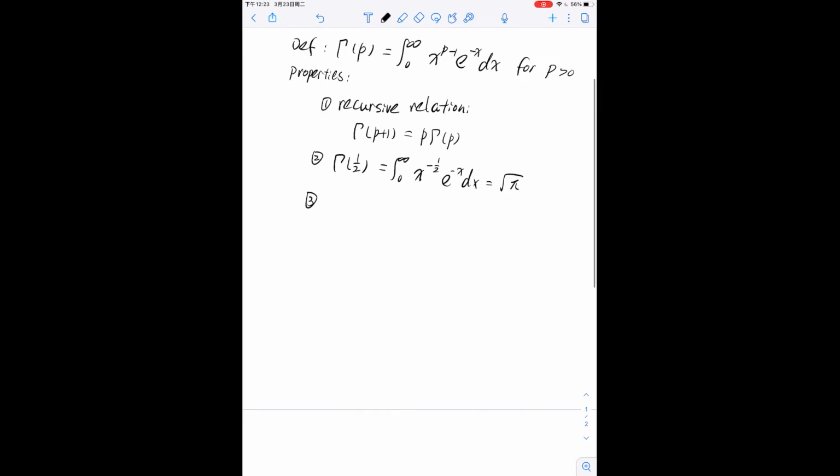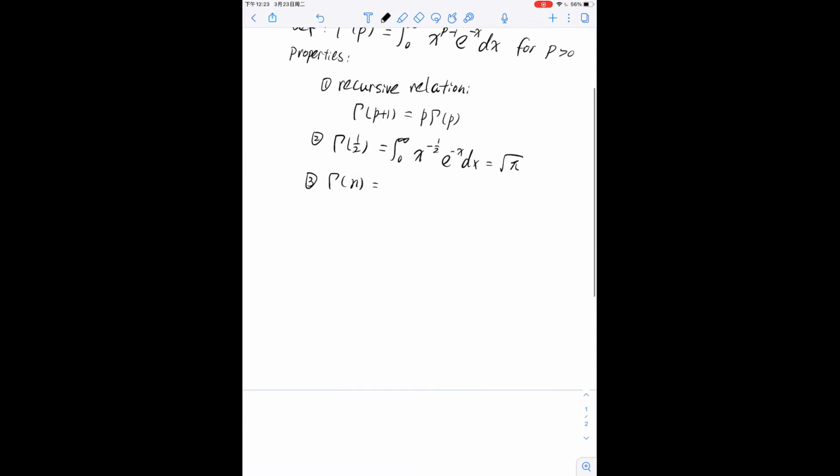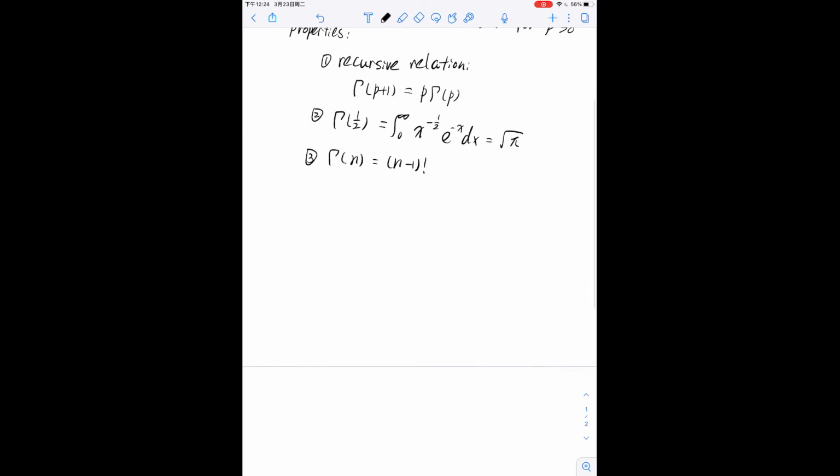The third property is for any integer n, the gamma function of n equals the factorial of n minus 1. The last one is gamma(p) times gamma(1 minus p) equals pi over sine(p times pi).